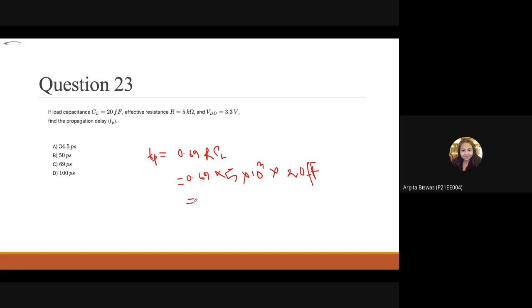Option C, 69 picosecond. 0.69 into 5 into 10 to the power 3 into 20. But tell me the value.